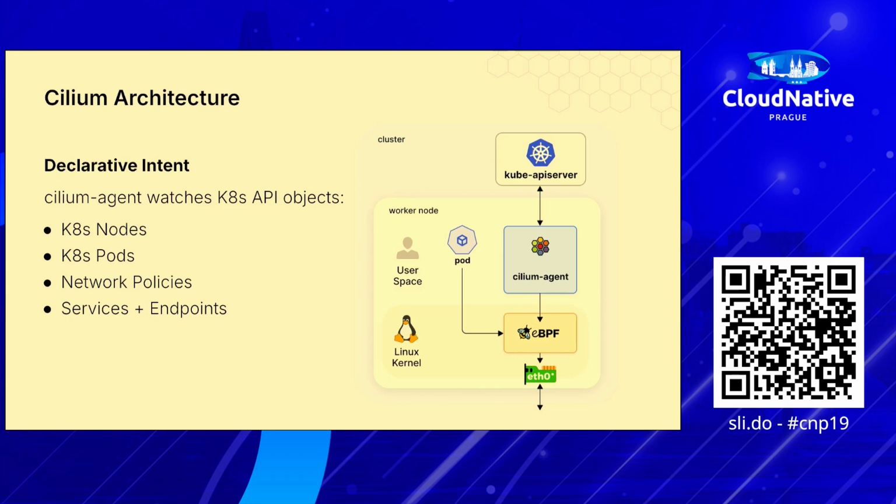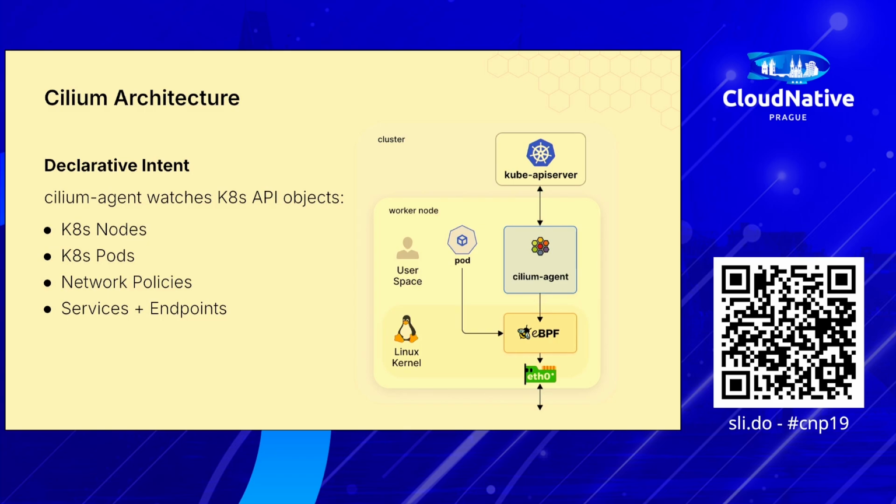Zooming in just a little bit, I will try not to go too far into details, but again, how this architecture looks like on one of the nodes. The most important components here, or 2 important components, would be the Cilium agent. It runs as a pod on each of the nodes. What it does is, as you can see, two most important things.